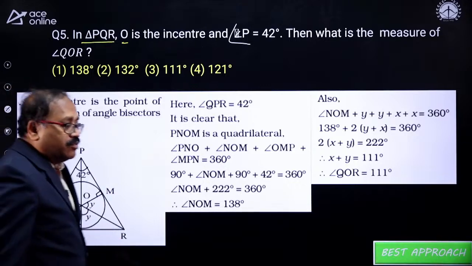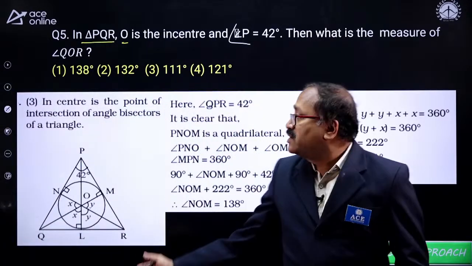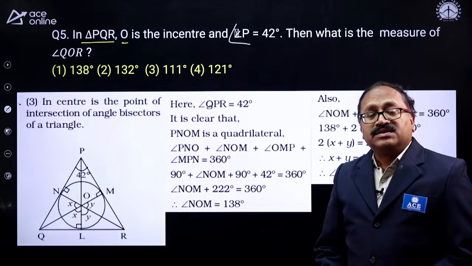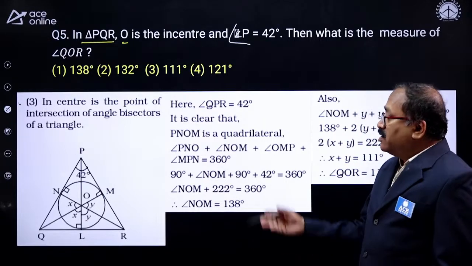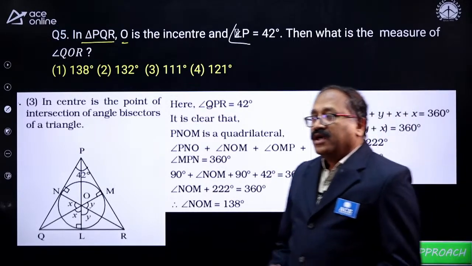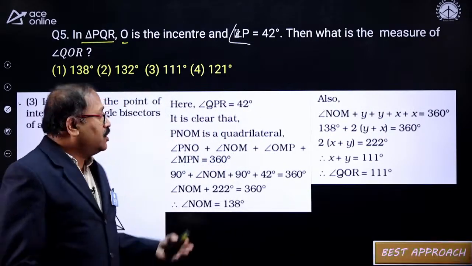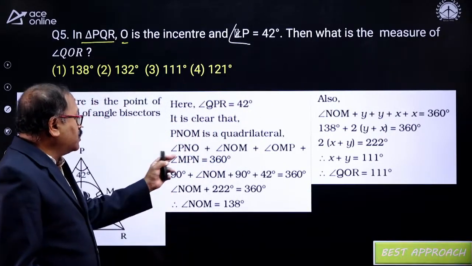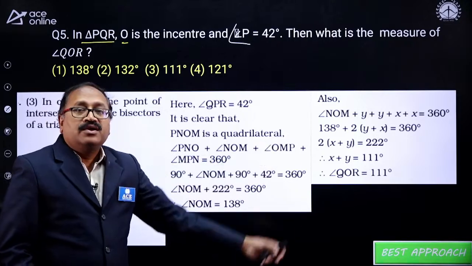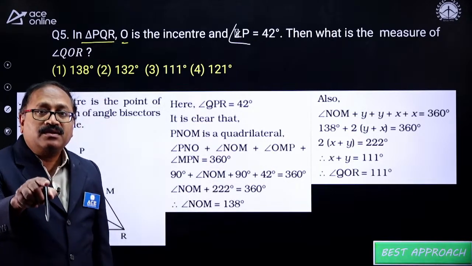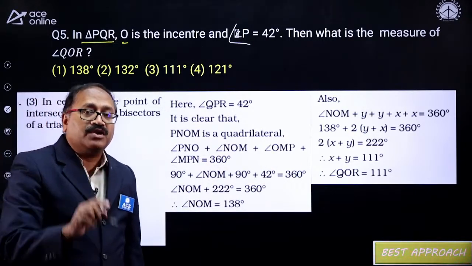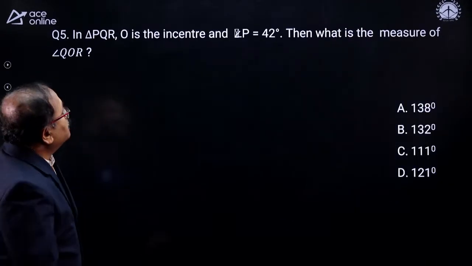When I looked in the SSC CGL book, this is what the solution was. If you go through the book, you will find out about quadrilaterals and all, then you answer the question. But here we will do it with one single property of geometry.